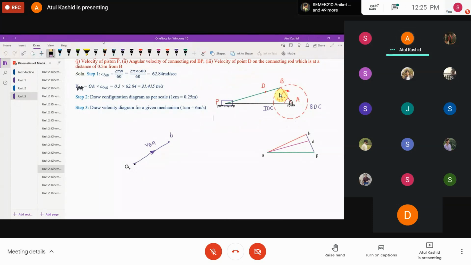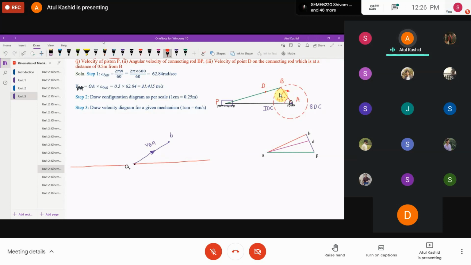Now this piston P, as we know, is moving in the horizontal direction and it is going to reciprocate with respect to the fixed point A. So for drawing the vector for the piston, we'll start from the point A. We'll draw a line which we are going to extend to the right of A as well as to the left of A.